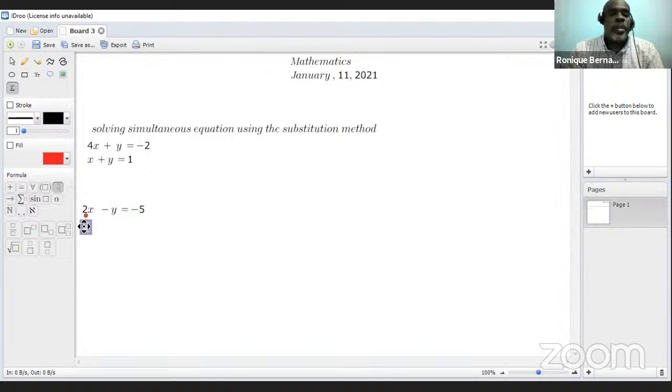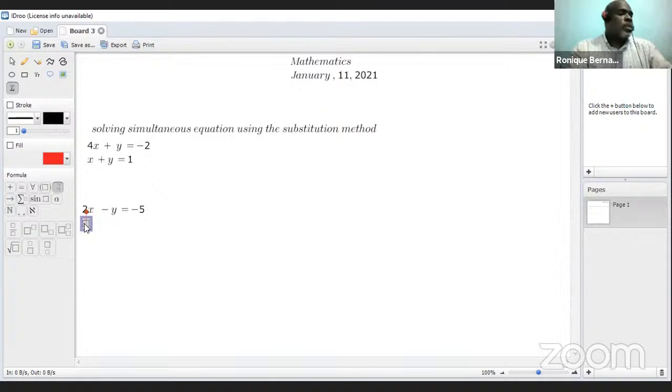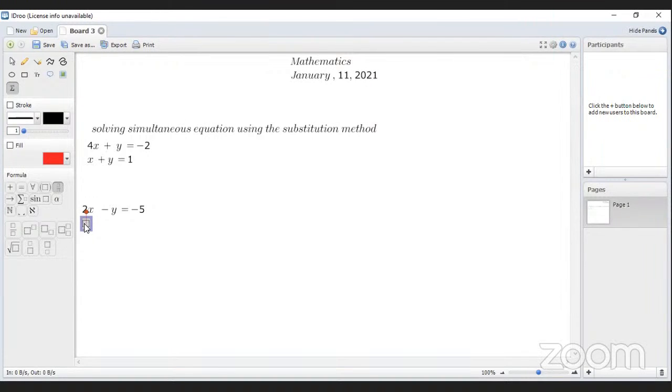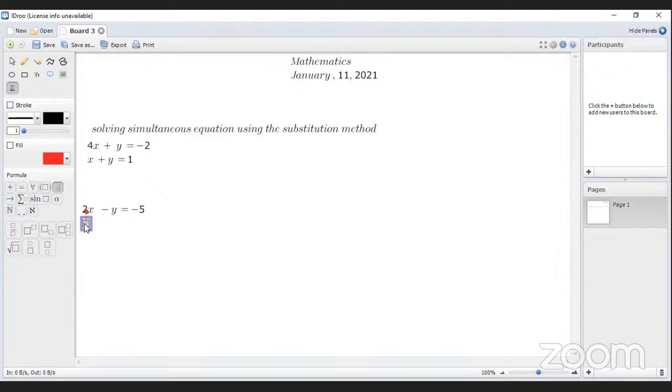And negative x plus 2y equals 7. What happened? Are you looking in a notebook? Yes, I am. I'm trying to remember if it was a negative x.